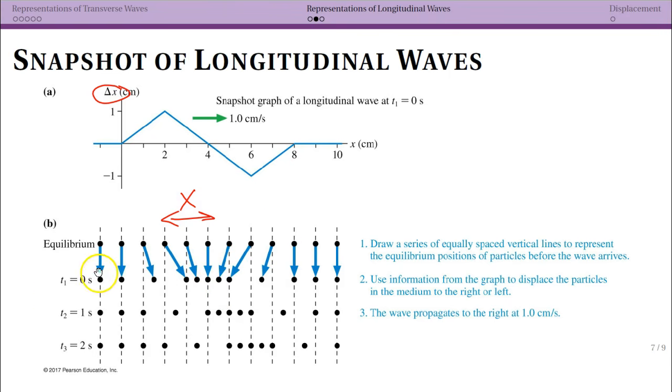Now again, keep in mind that this picture was showing different times, and if we have a snapshot graph, this is only at one time. So this here is at time equals 0 seconds. So for us, that's going to be this one. And notice that here we show initially a positive displacement, which is true because this has gone positive, and then we have a bigger positive, smaller positive, and notice this is 0.